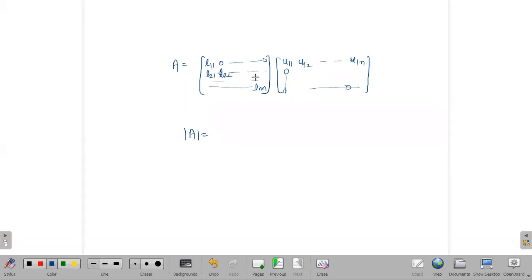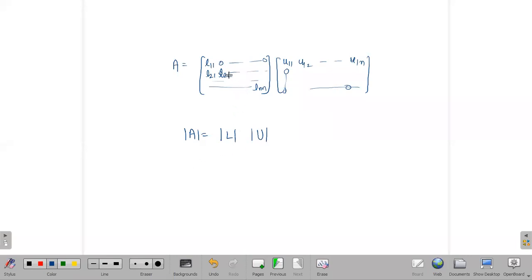Yes, ma'am. So the determinant will be L11 into U11 into L22 into U22 and so on, Lnn into Unn. Okay, ma'am. Actually, first I will find the L determinant, then the U determinant.